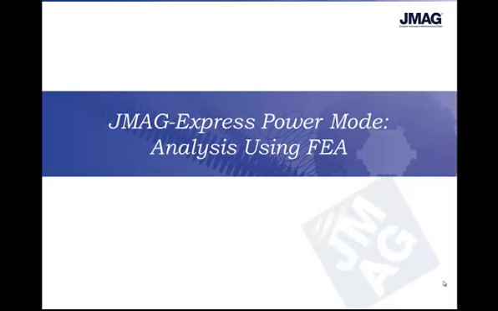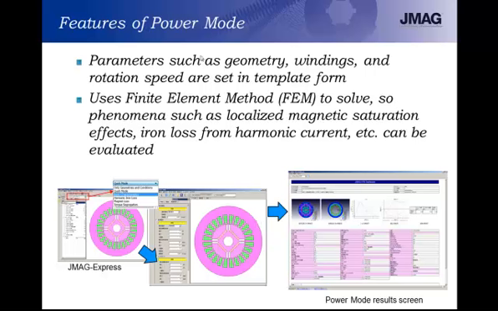JMAG-Express Power Mode. Full FEA analysis based in JMAG Designer. The features of power mode are that parameters such as geometry, winding, and rotation speed can be set in template form. So effectively the same front end that we just saw with JMAG-Express Quick Mode, except now we're going to set full analysis scenarios to solve.